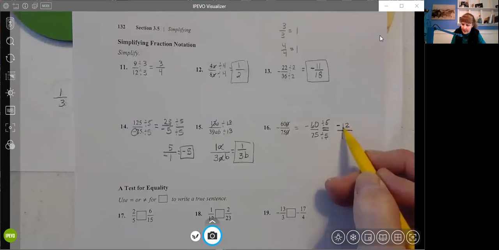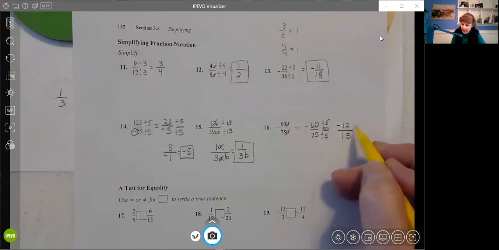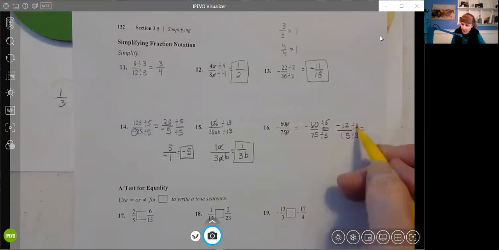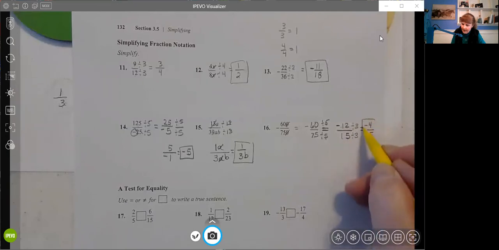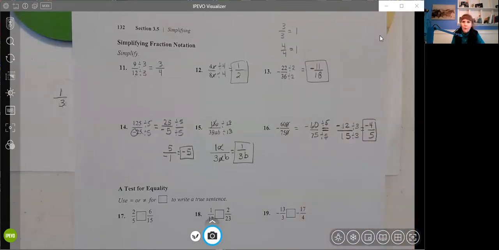So I know if these add up to 3, 3 goes into it. If these add up to 6, 3 goes into it. So I can divide them both by 3. So I get a negative 4 over 5. And finally done, negative 4/5.